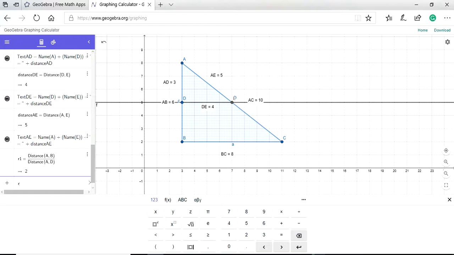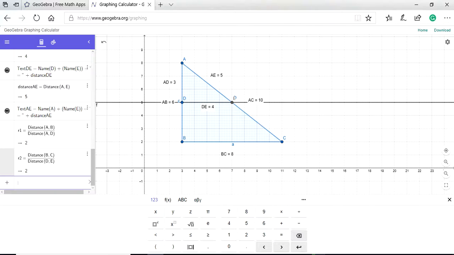So we're going to do the same thing, R2 for the other side. So then we're going to do our distance from B to C over our distance from D to E. And again, 2.